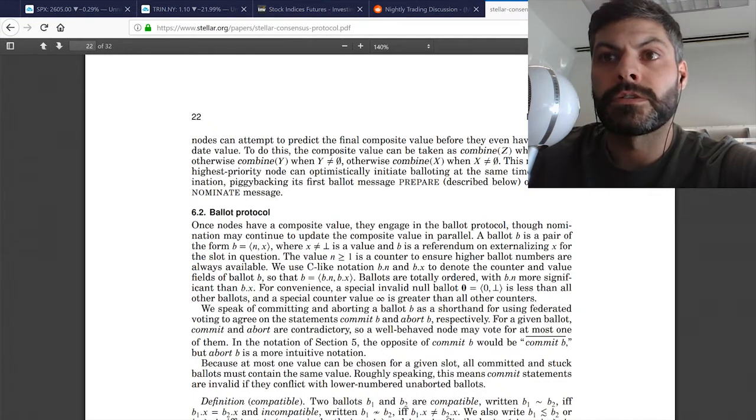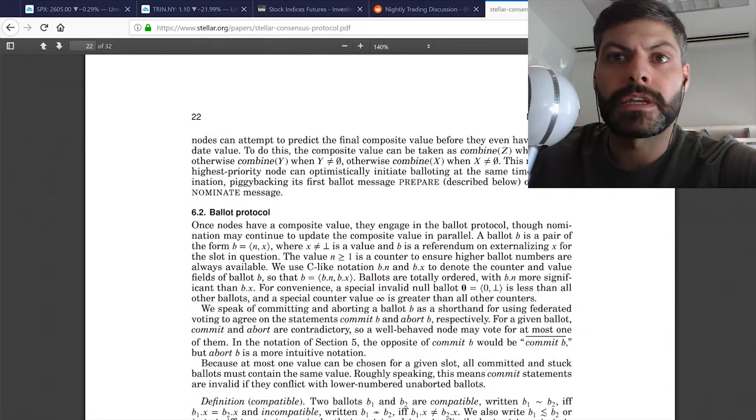Ballots are totally ordered, with b.n more significant than b.x. For convenience, a special invalid null ballot, 0, equal to the tuple 0, false, is less than all other ballots, and a special counter value, infinity, is greater than all other counters.